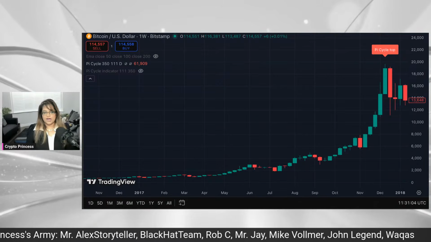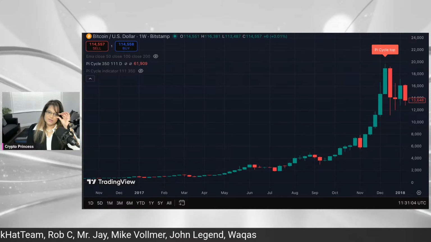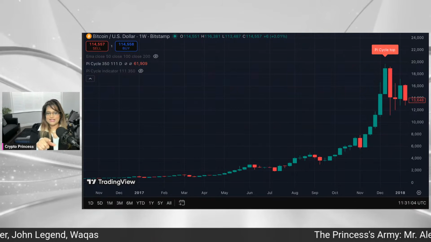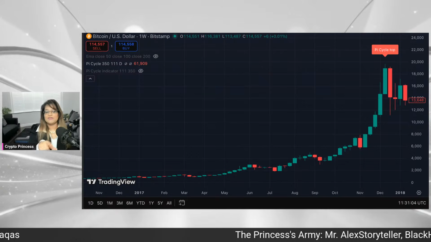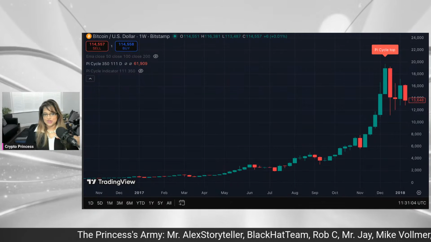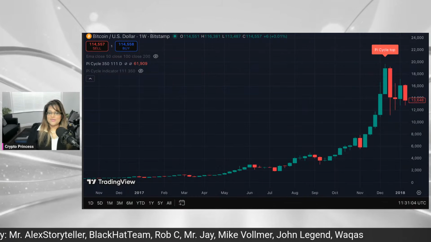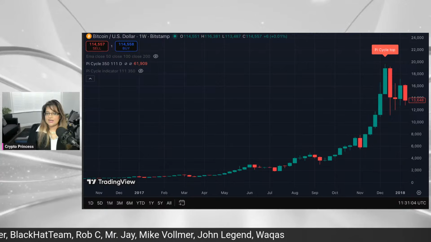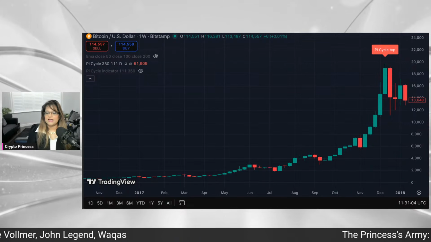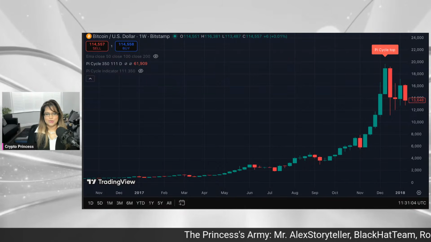So when I talk about 2017 quite a lot, and I do say it is my favorite bull run, it most definitely is. Look at this chart. We go from December, well, even before that in 2016. But can you see it literally goes up, up, up, up. There are a couple of dips. I think this dip here was caused by the Winklevoss twins.